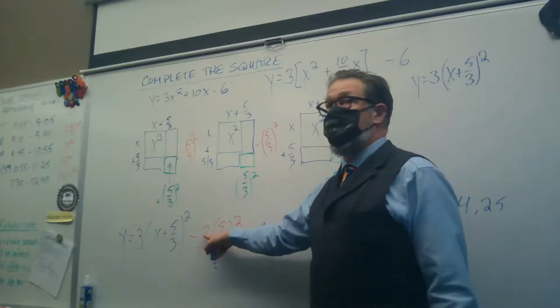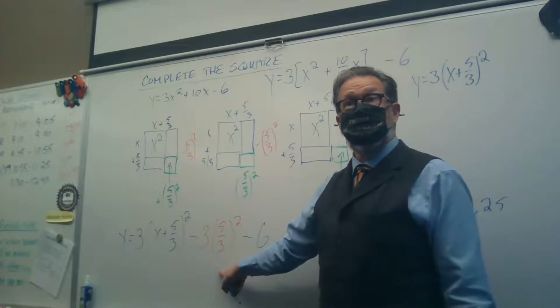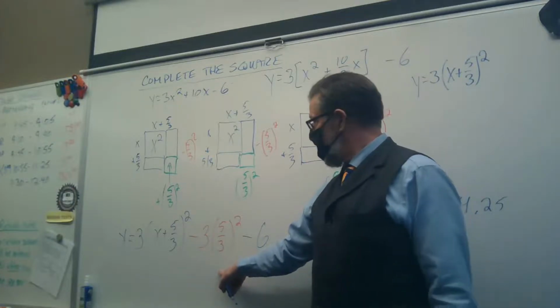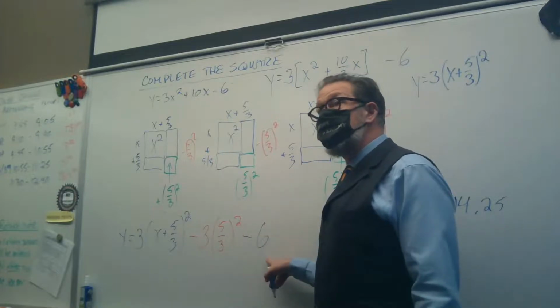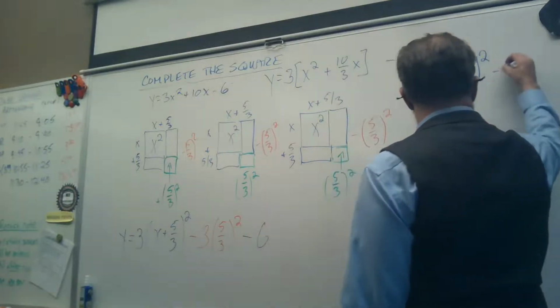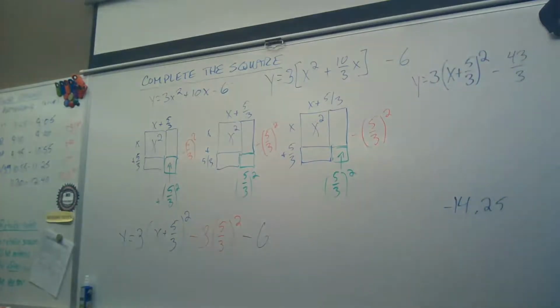But I'm multiplying by 3, so it's actually 25/3. Yeah. So I've got minus 25/3 minus 18/3. I did a lot of mental math there, because if I put it in my calculator, what's it going to do? Give me a decimal, and ugh.